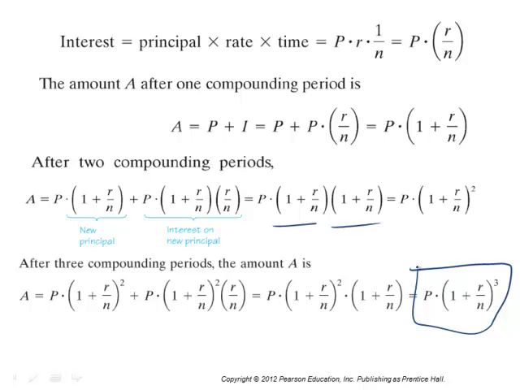So you tell me the principal, the interest rate, the number of compoundings per year, and the number of periods that have passed. And the number of periods that have passed will be the exponent. And I can calculate what your ending balance is going to be using this formula. Okay? So far, so good?